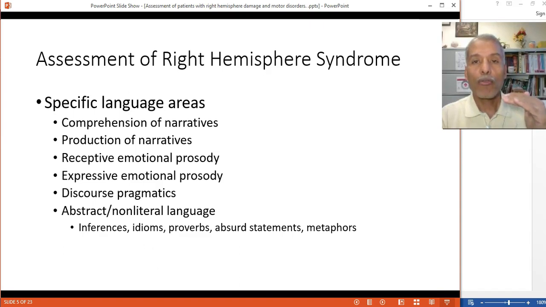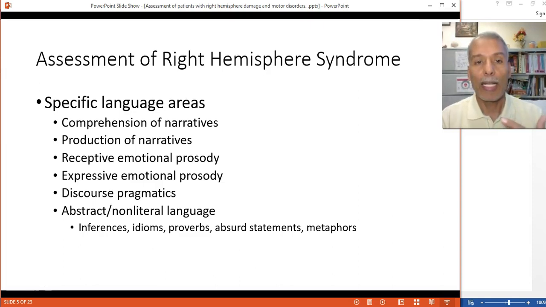So it is uninterrupted. You keep going on and you are the speaker in a narrative. It can be a story. It can be telling something that happened to you through the day. It can be retelling something that someone tells you. And the difference between this and conversation is that conversation has back and forth.